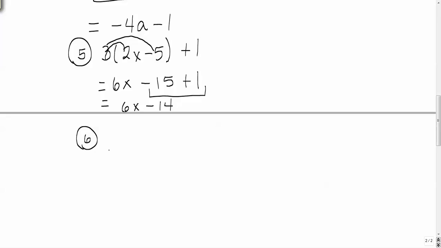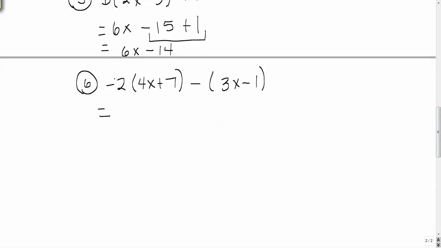Okay, last example. Negative 2 times 4x plus 7 in parentheses, minus 3x minus 1 in parentheses. Okay, on this one we need to make sure we distribute first.